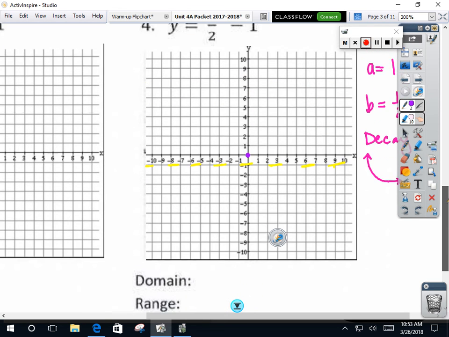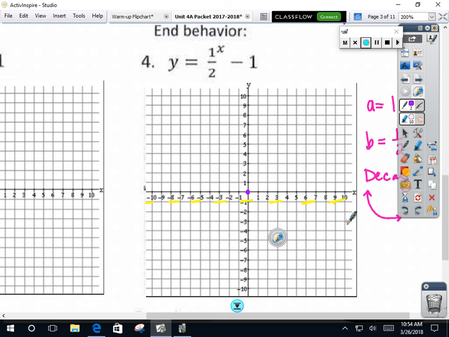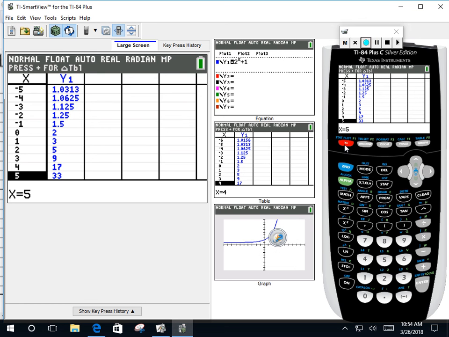Okay, to find the rest of the points, I need to graph this and go to the table. So go ahead and graph y equals 1/2 to the x power minus 1.